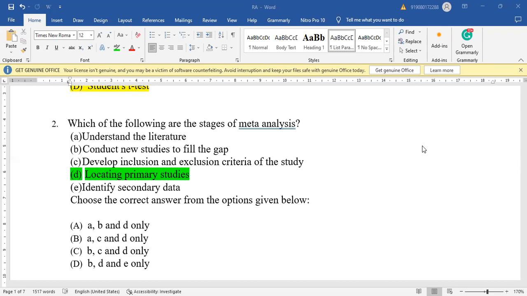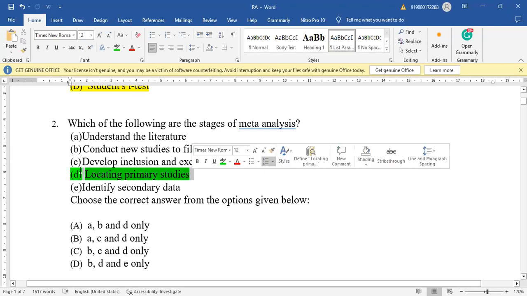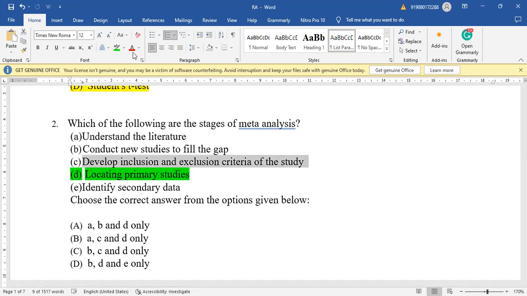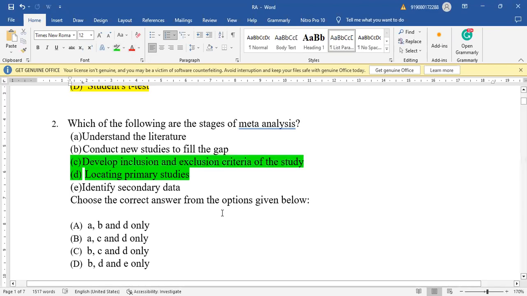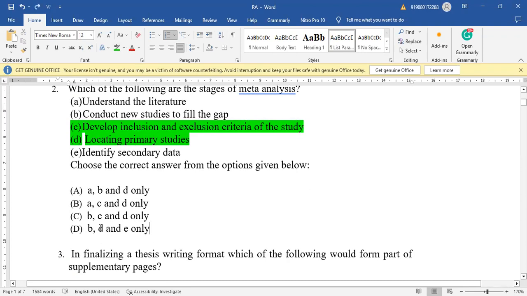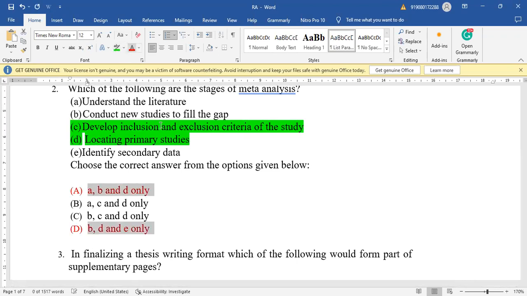Just think about a research. Don't think about meta-analysis, it's a type of research. So think about a research and answer this. Yes, we will be having inclusion and exclusion, right? You have a clear-cut idea. So wherever C and D come, that may be the answer. C and D come, so I ruled out option A and option D. This cannot be our answer, correct?